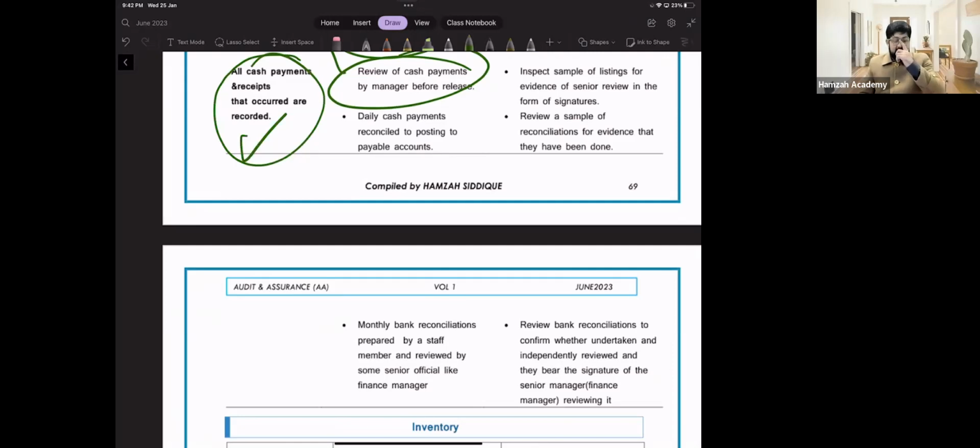So daily cash payment, posting to payables daily and receivables, and then monthly bank reconciliation prepared and reviewed by a different person. They both sign. Bank reconciliation.